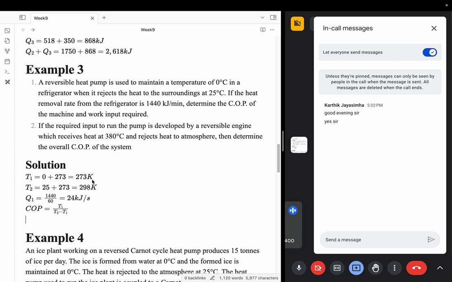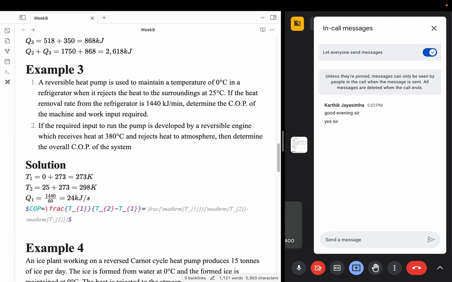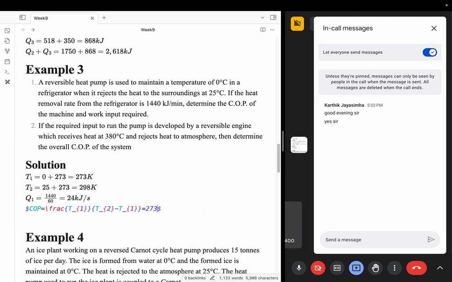So that is my output that I want divided by whatever is the input. Input is with respect to the work done. So that is T2 minus T1. So we just substitute the value.